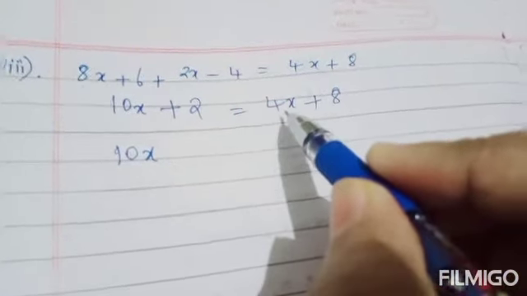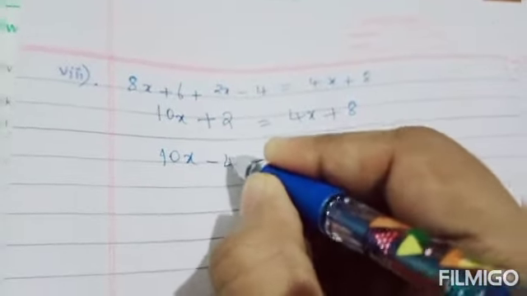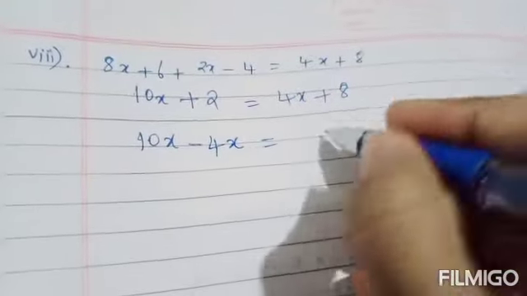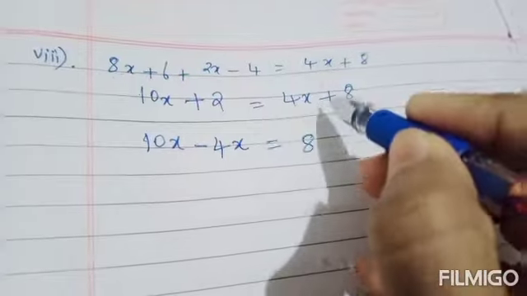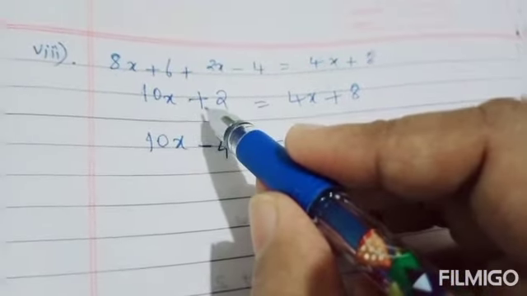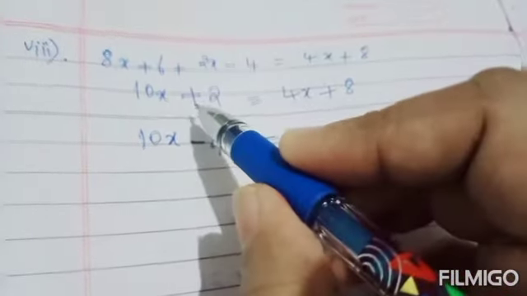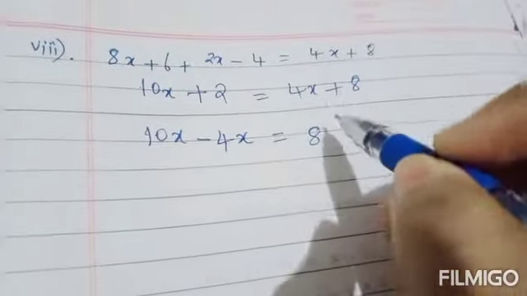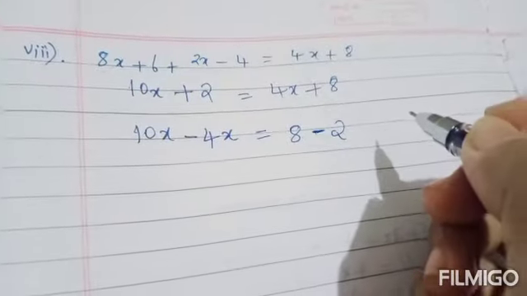Okay, so 4x on taking to the left side will become minus 4x, equal to 8. This plus 2 you can take to the right side. Okay, so a positive value on taking to the other side will become negative. So plus 2 on taking to the right side will become minus 2.